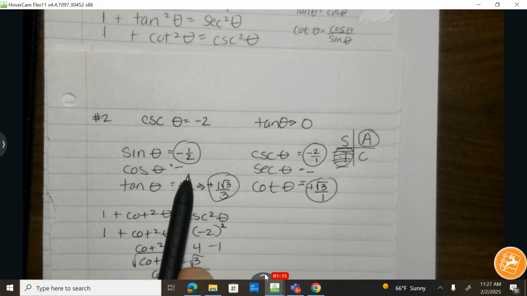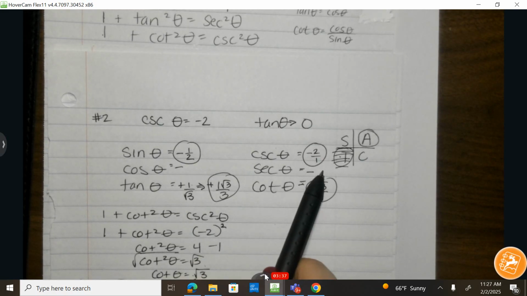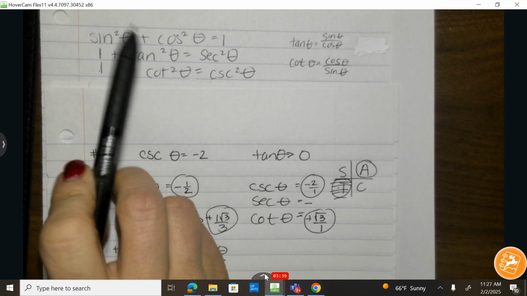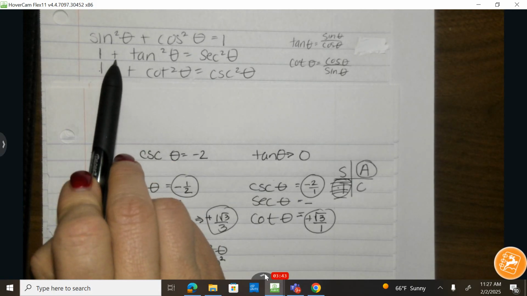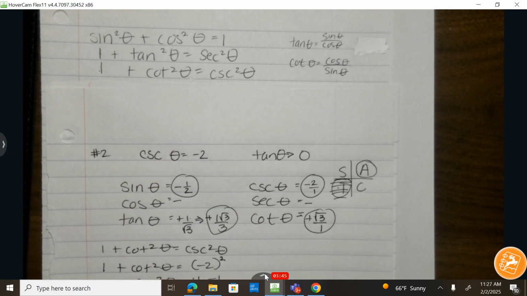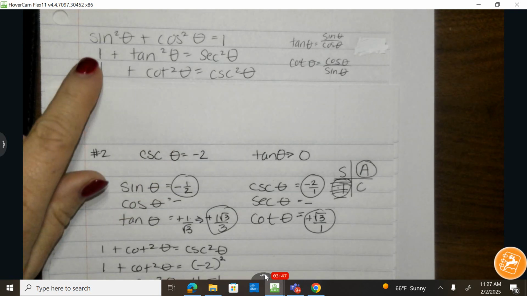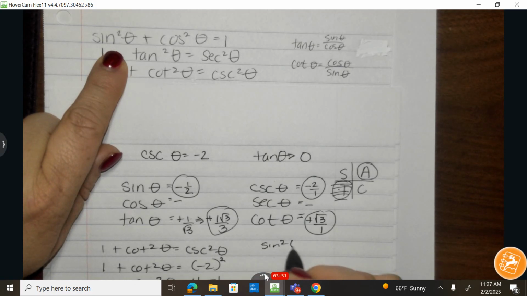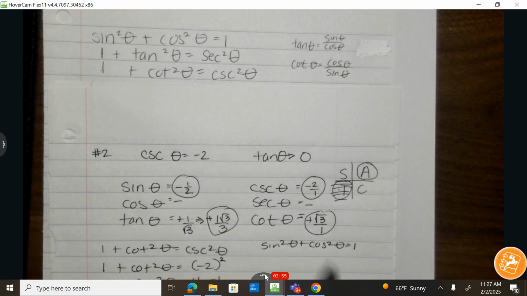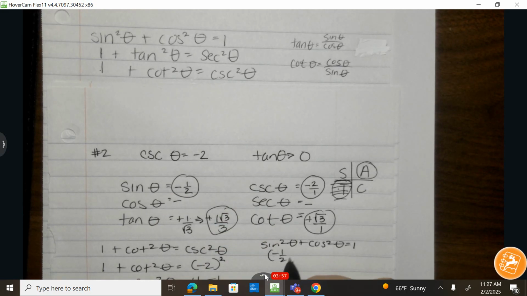I know I am now seeking to find the cosine and the secant. So I look up above. Okay, cosine's in the first version of the trig identity and secant's in the second. It's up to us which one we want to use. I think I'm going to choose to use the first equation. So sine squared theta plus cosine squared theta equals 1. I know that the sine is -1/2.